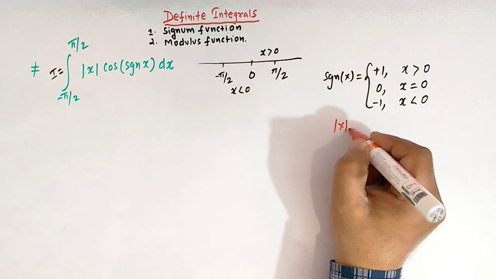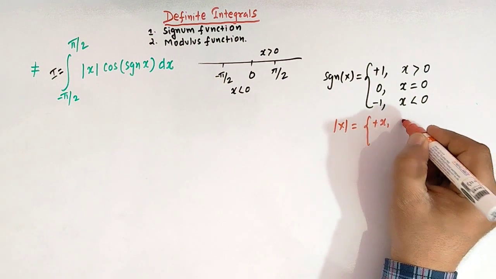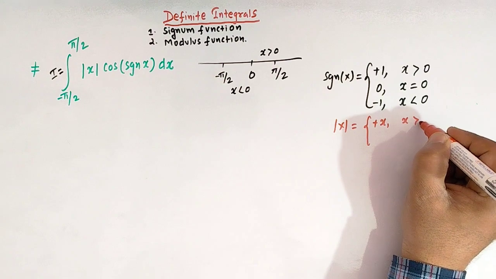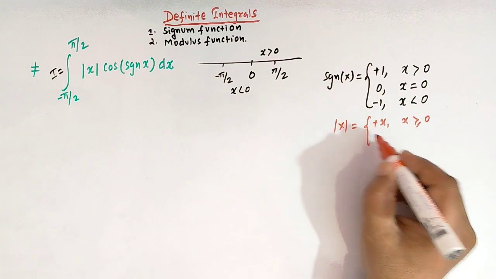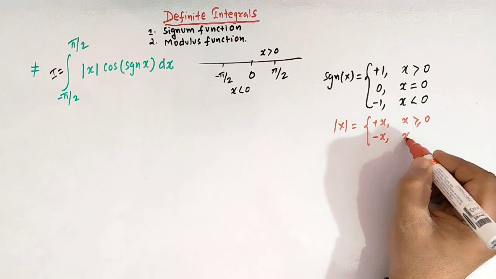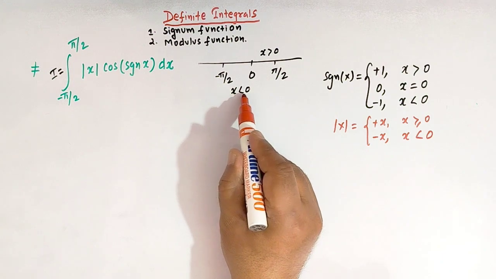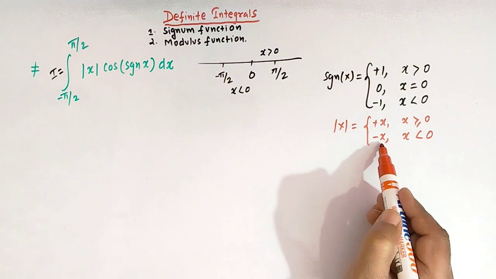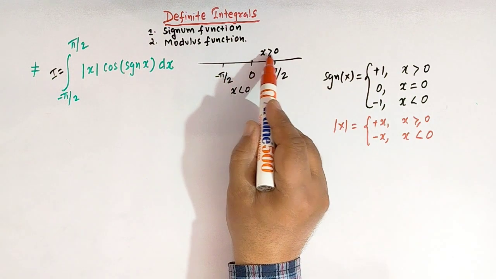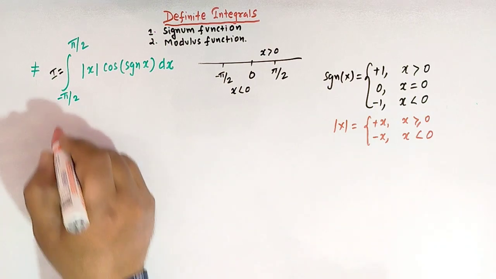Okay, now let us quickly see the definition of mod function. Now see, mod of x can be defined like this. Mod of x is positive x whenever x is greater than 0, or we can take equal to 0 here, and mod of x is negative x whenever x is less than 0, right? So when we have x less than 0, we'll have mod of x is equal to minus x, and when x is greater than 0, we'll have mod x is equal to positive x, right?